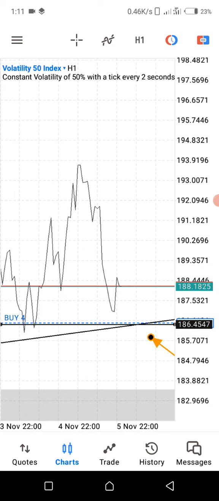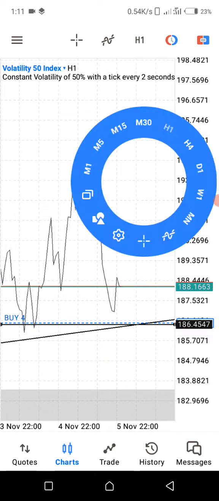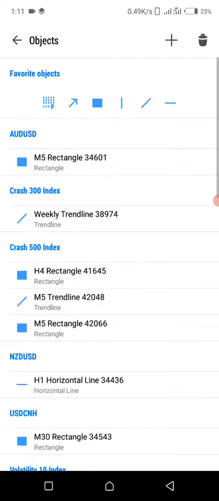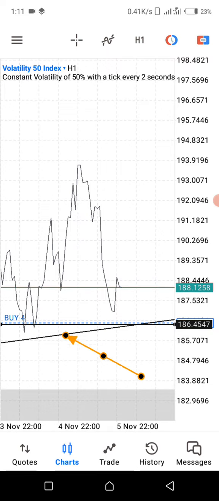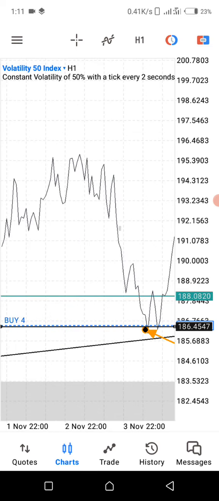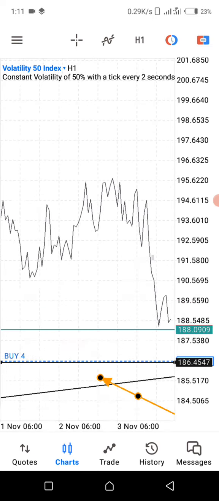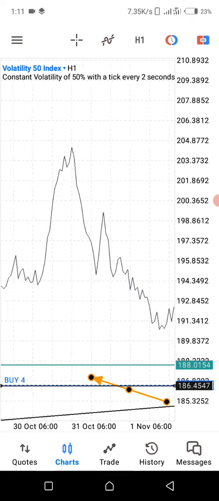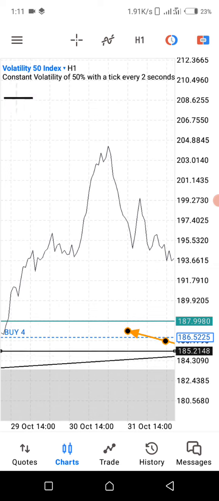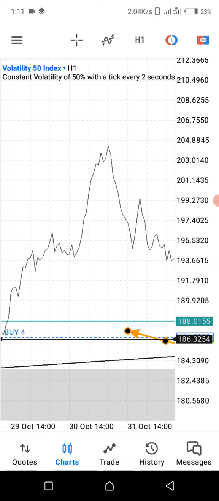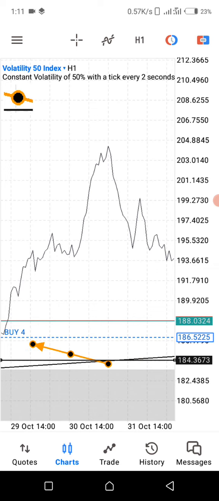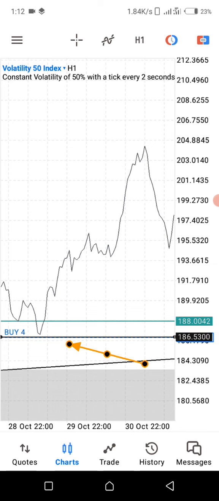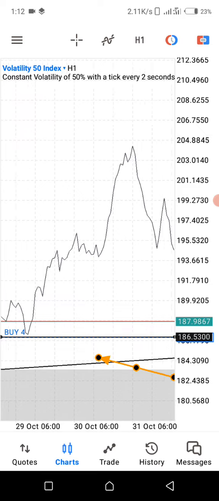So if I use this arrow again, you see the support, 1, 2. If I go to the left side, just follow the black line. Three. So if I keep going to the left, you see the support.